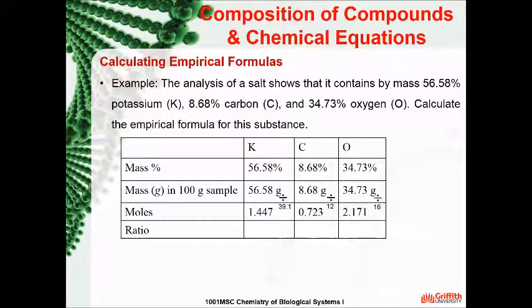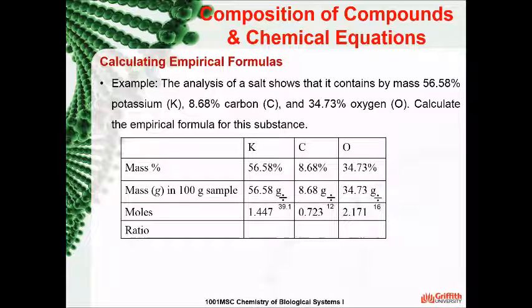Now, we have the number of moles for each element. The last row is to calculate the ratio of the elements in the compound. To do that, we divide the moles of the elements by the smallest number. In this example, carbon has the smallest number of moles, so we divide by 0.723.